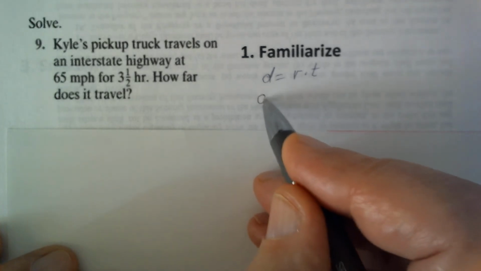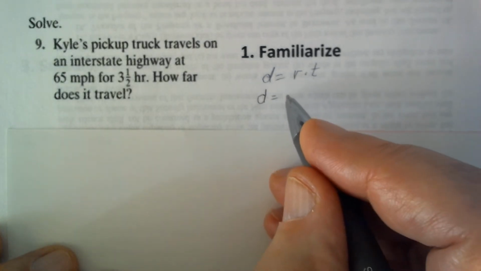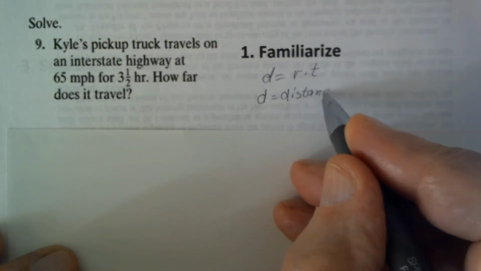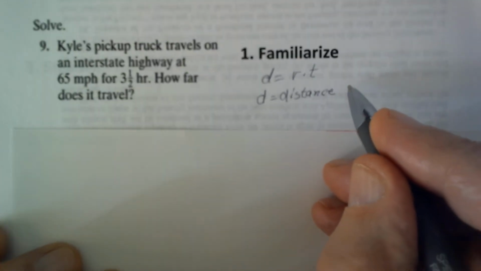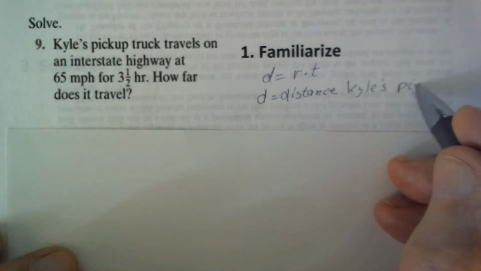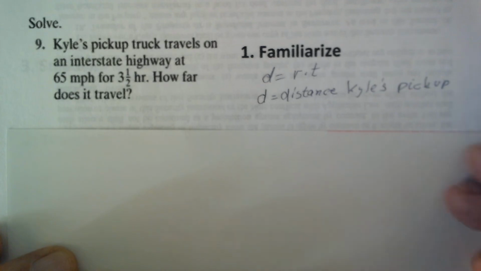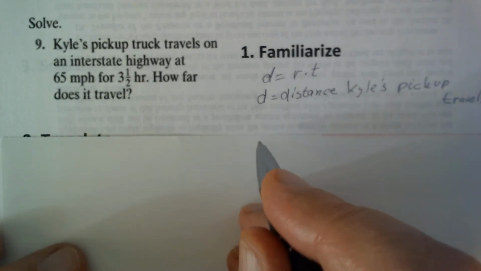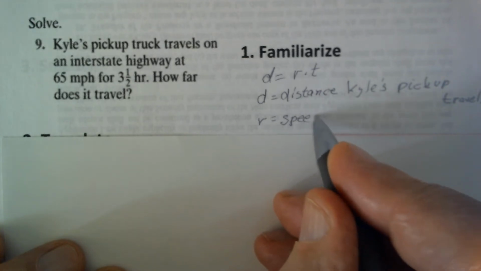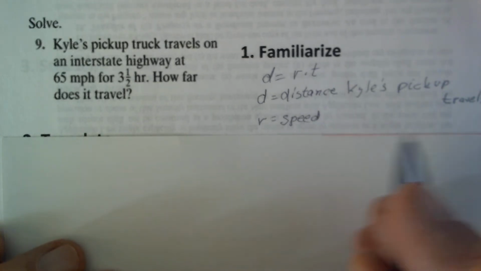So let's say d equals the distance Kyle's pickup traveled, and r is the speed, and t is the time.